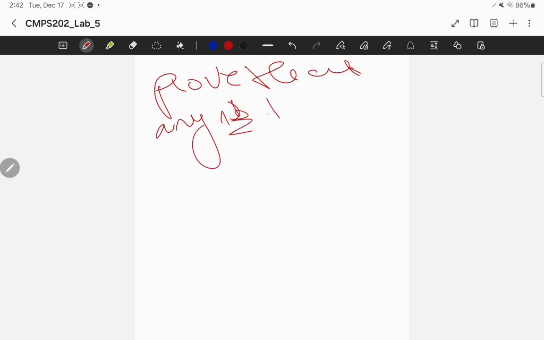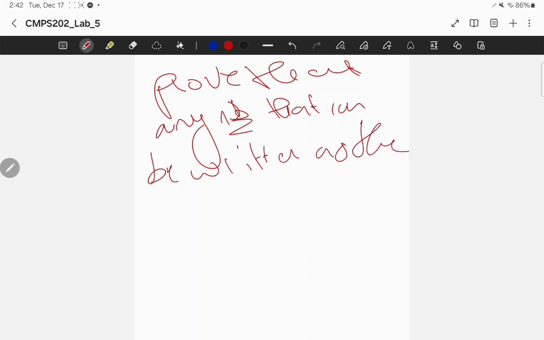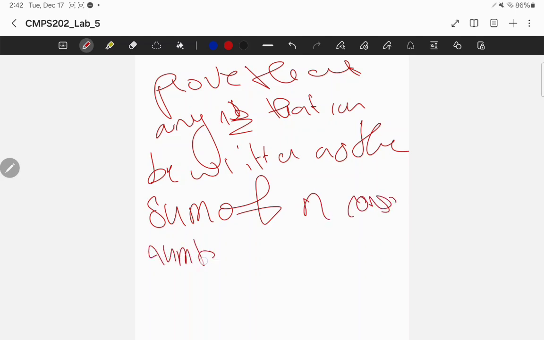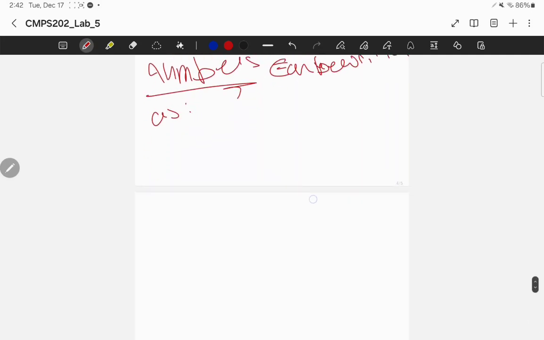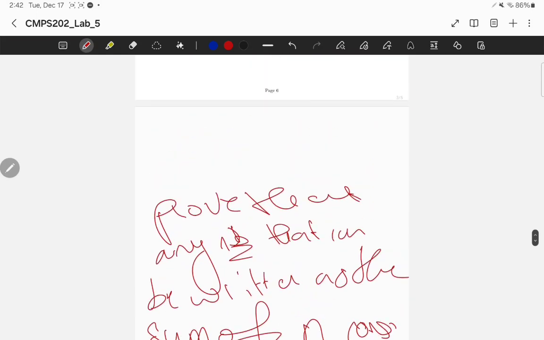Okay, so now I'll tell you to prove that any number that can be written as the sum of n consecutive numbers is equal to, or can be written as... Any number that can be written as the sum of n consecutive numbers means, like, if I say n equal to 4, then 1 plus 2 plus 3 plus 4 is a valid number of this sort, or maybe 6 plus 5 plus 4 plus 3.